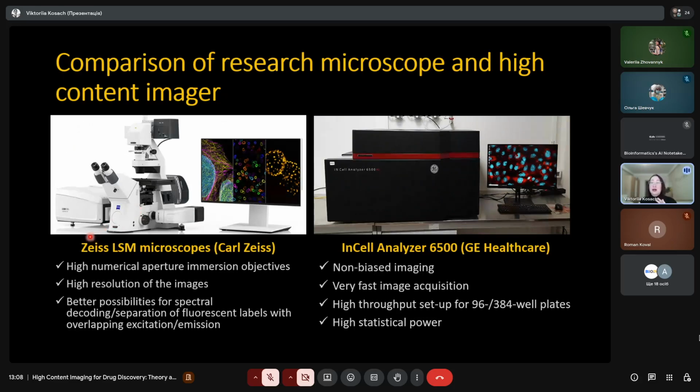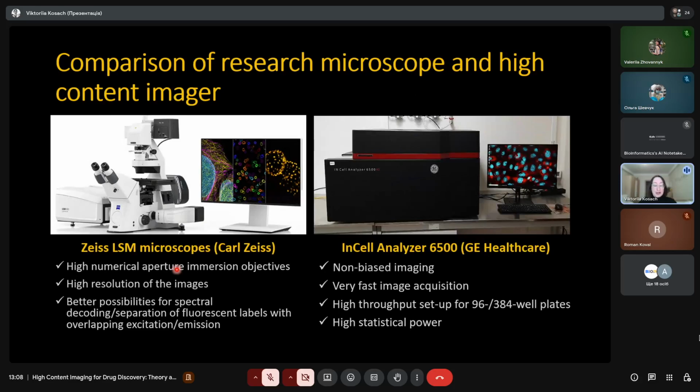However, there are a lot of advantages of the research microscope. One of them is the possibility to use high numerical aperture, high resolution immersion objective lenses, for example an oil objective lens with magnification of 100. And usually these objective lenses are limited or not available for an automated imager.